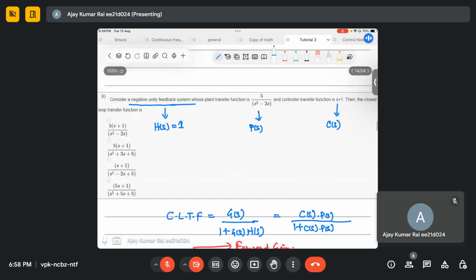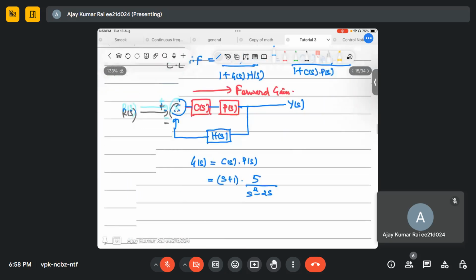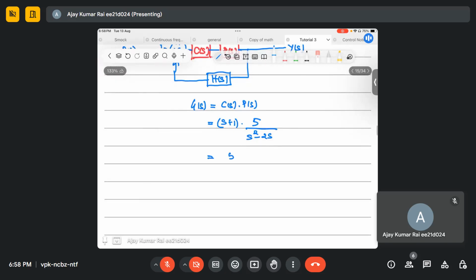So C(s) into P(s) is equal to 5 times (s plus 1) over s square minus 2s.